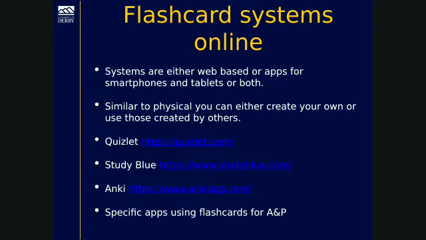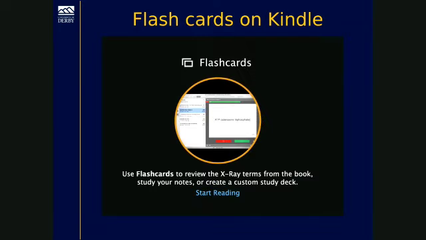There are specific apps for using flashcards for A&P, and these are okay for phones, tablets, and also on the web. You can use them on Kindle as well. If you've got a book on Kindle for anatomy and physiology, you can create your own flashcards using Kindle. So that's worthwhile doing if you like using free resources. I also found lots of free quizzes online for anatomy and physiology for the Kindle, so I'll put some of those in the reading lists.